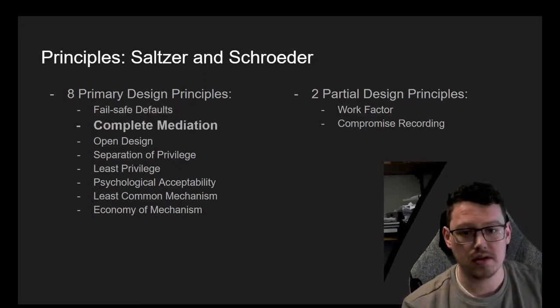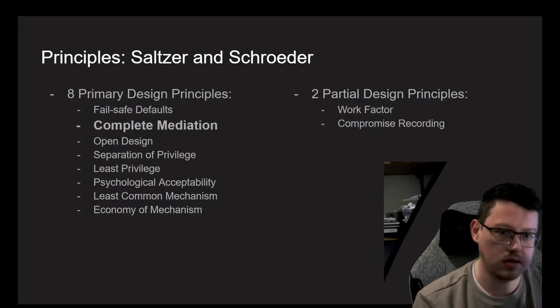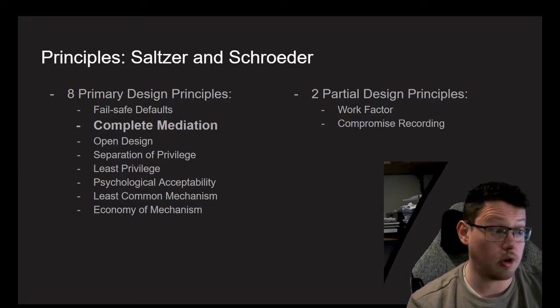Okay, so complete mediation. This is the idea that every time a subject, a person or process, tries to access an object, like a file, a resource, or a database, there should be an authorization check every time.